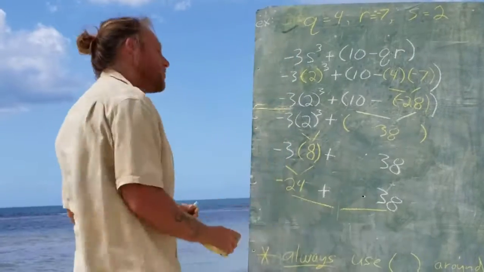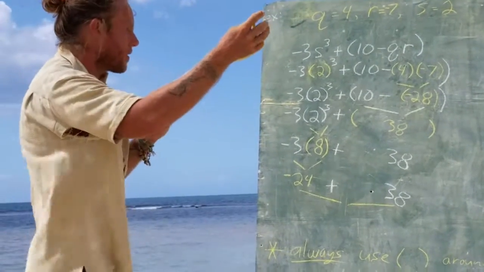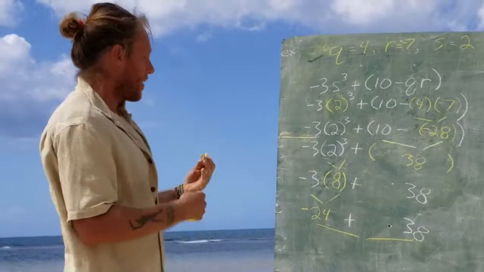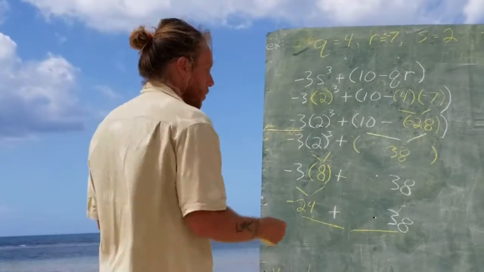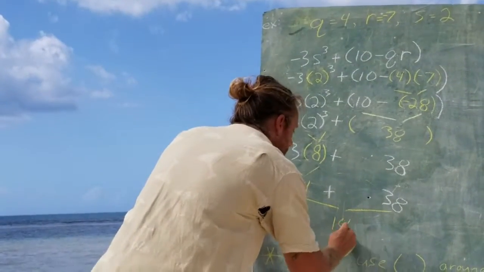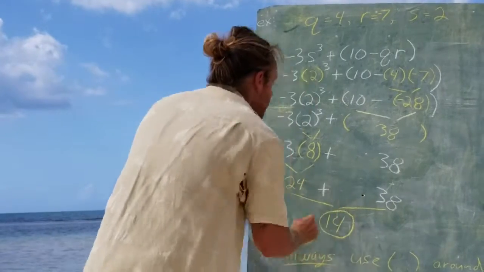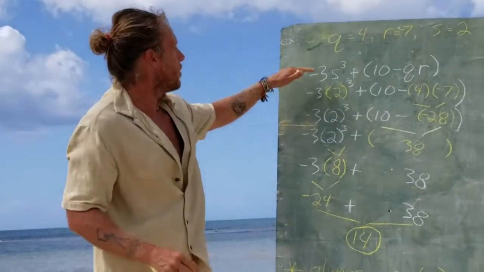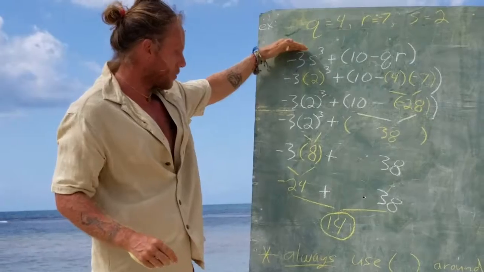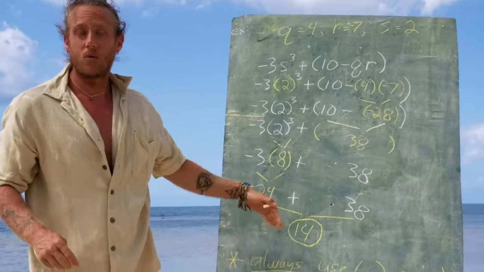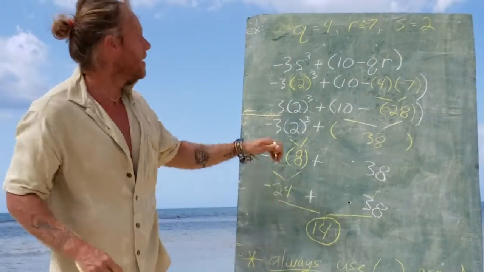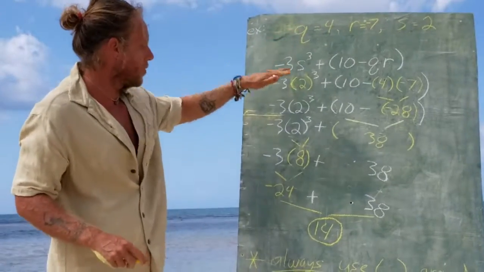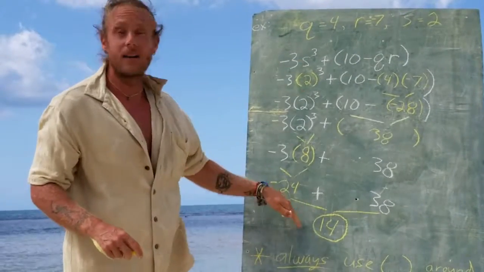A negative 24 plus a 38 will essentially be a 38 minus a 24, which is 14. All right, so given these values, this expression yields the number 14. If we change these variables, of course, our final answer will be different.